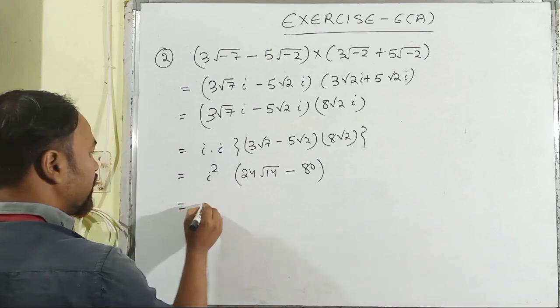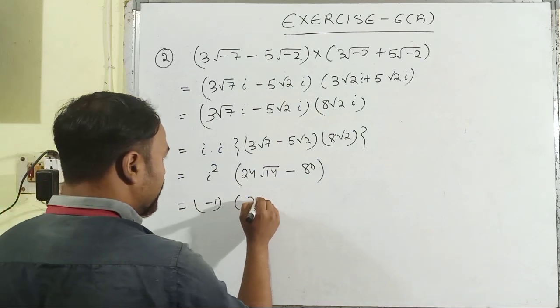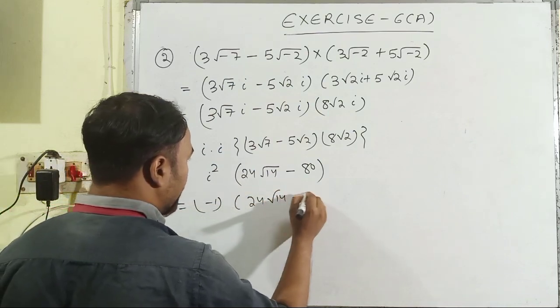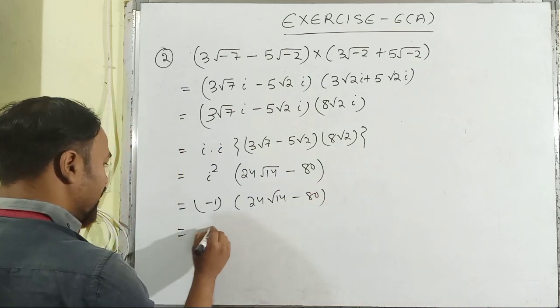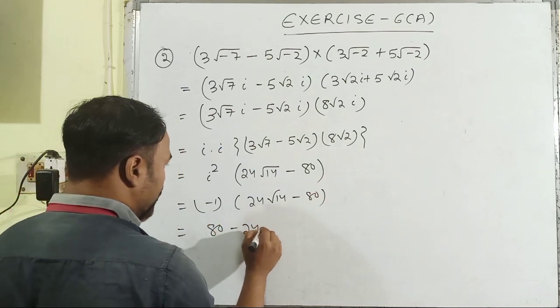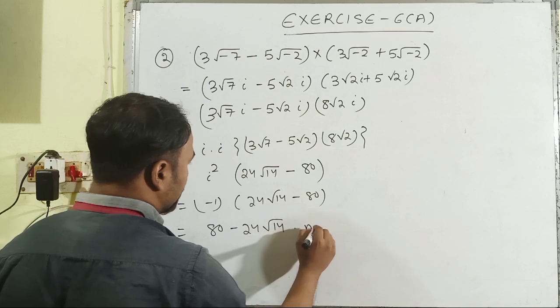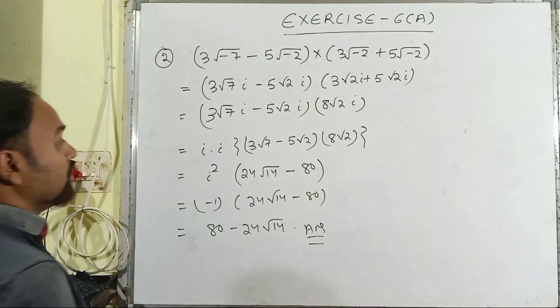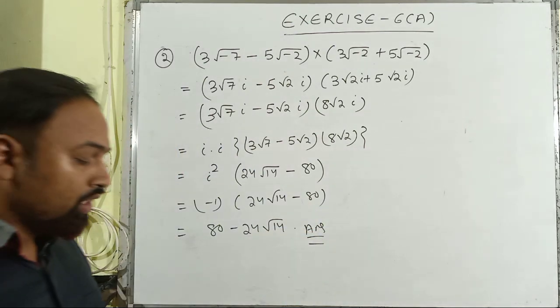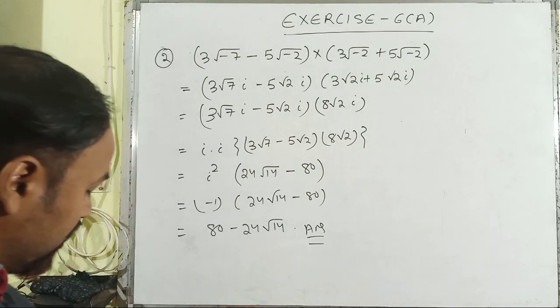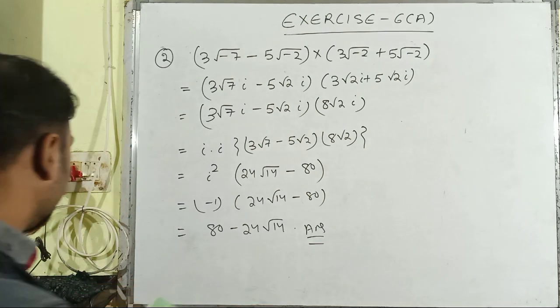The value of i square is minus 1. Just multiplying, we can have 80 minus 24 root 14, which is the answer for the number 2 problem. Then moving towards the number 3 problem.